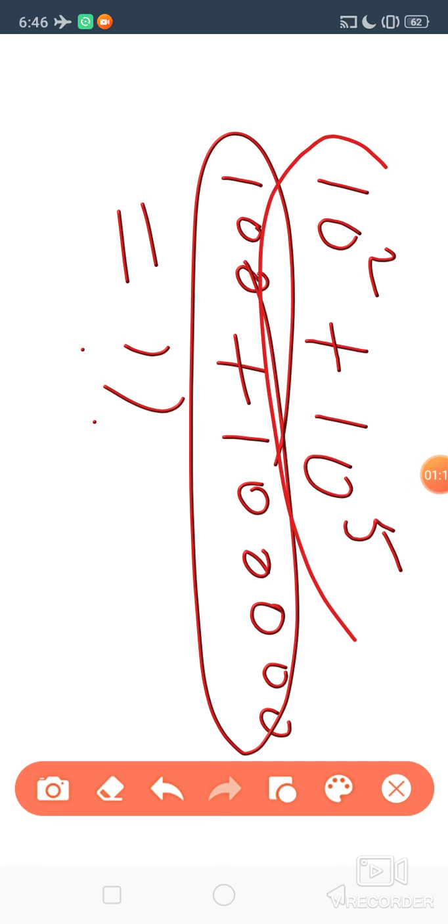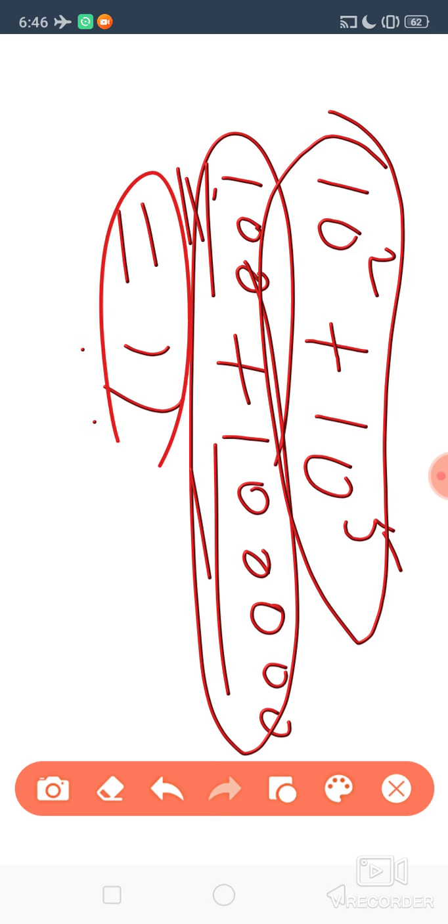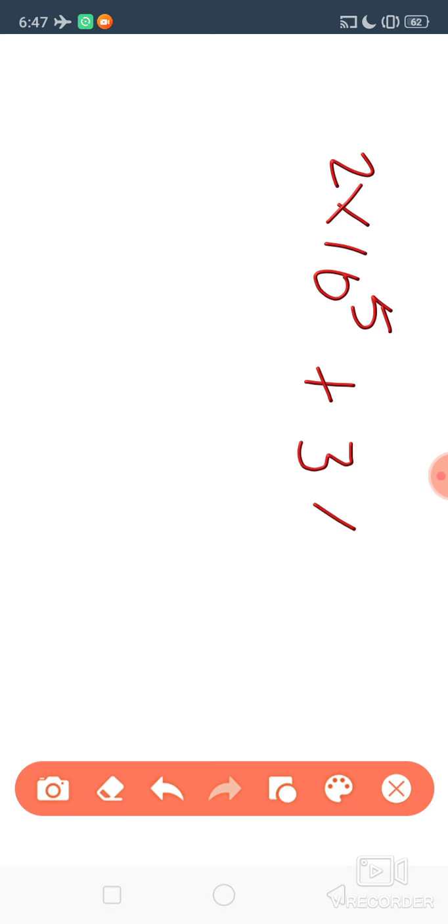Since these numbers were not that large, you simply removed the power, wrote them in expanded form and added. But suppose you get 2 into 10 to the power 5 plus 3 into 10 to the power 7.